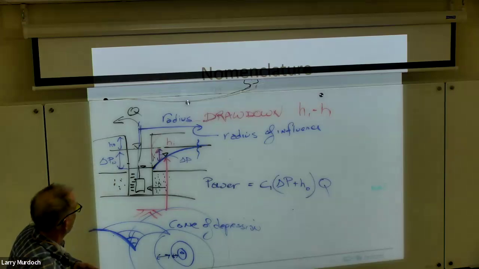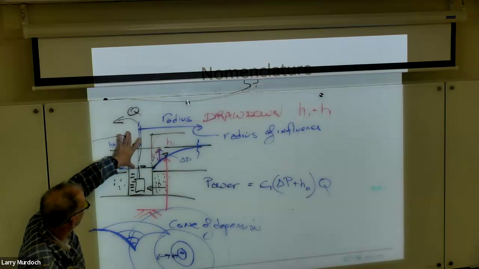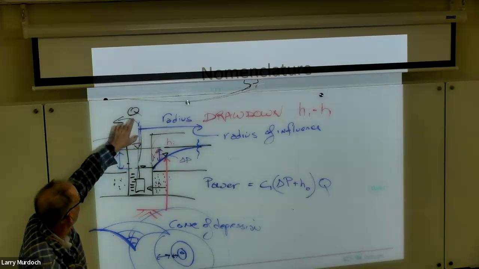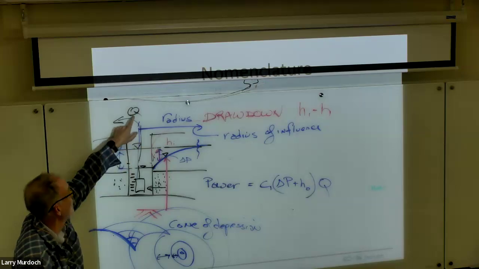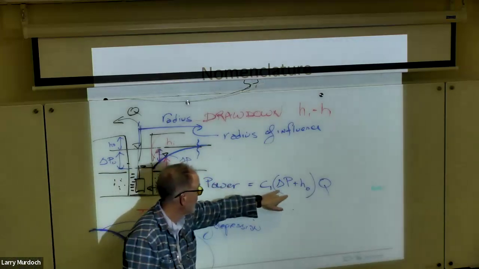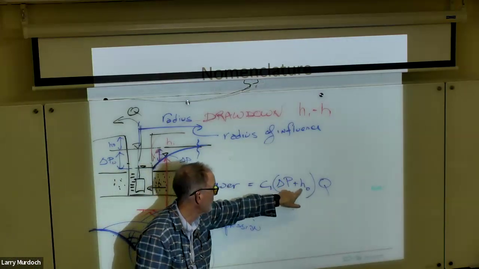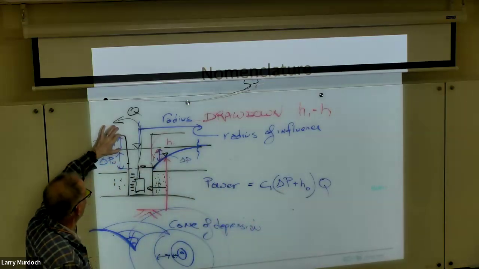Okay, so we need to lift the water from this height up to the surface. And we need to do it at that rate. So if we increase the amount we have to lift it, or if we increase the rate, we're going to need more power. Okay, so it's delta P, the drawdown, plus the initial depth to the water table.